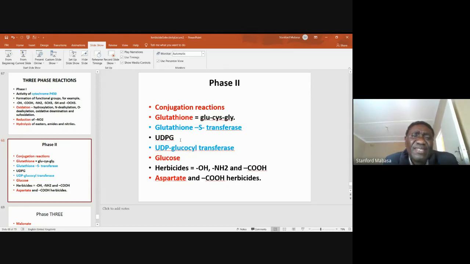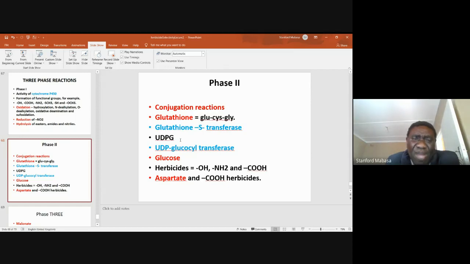And there's an important enzyme which facilitates the reactions, which is known as glutathione S-transferase. We also talked about the role of glucose, which is donated by UDPG, or glucose comes from UDPG, and the enzyme which facilitates the reactions is known as UDP glucosyl transferase.